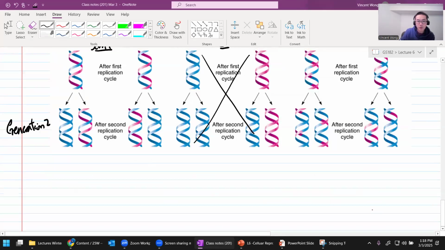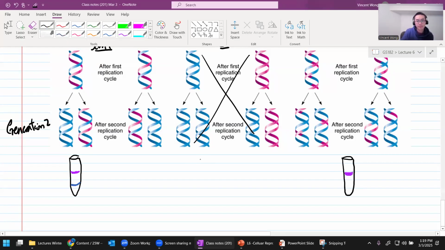And if you spin this down in a test tube, you will see a mixed one in the middle, and then you would see the blue one at the bottom. Whereas if the model continues to be dispersive, where the red and the blue are all over the place, then you will continue to see only one band in the middle.